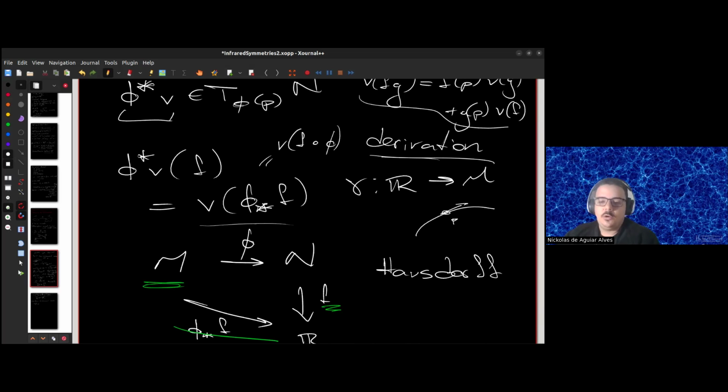I'm not giving all of the details right now, but you can show that this is indeed an element in the tangent space of N. But indeed, you do need to do a little bit more than I actually did here. You need to carry out the proof that these guys are indeed derivations.